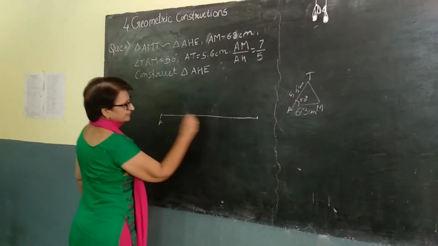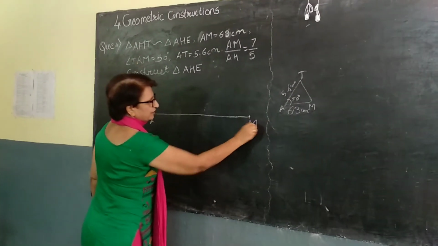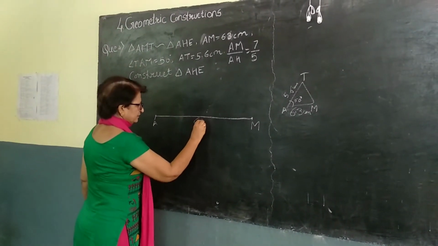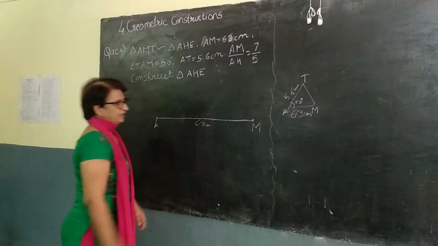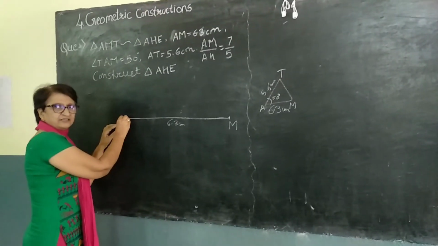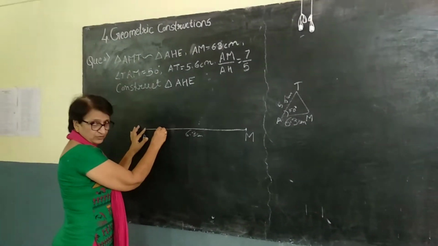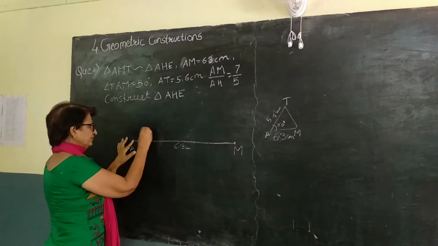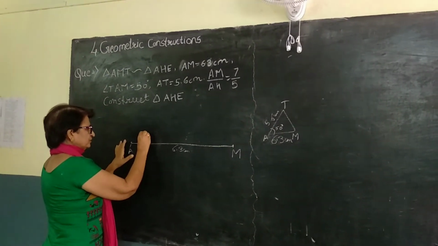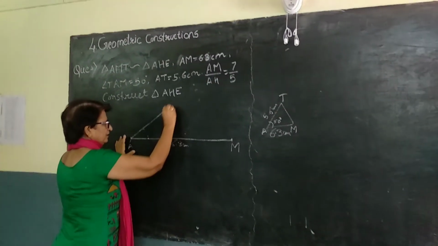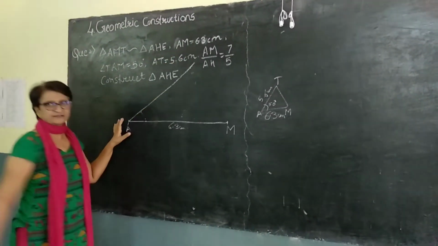I think everybody knows how to take a line of 6.3 centimeter. Then I have to take a 50 degree angle. So I put the protractor here with the 0 marking out here and then take 50 degree. 10, 20, 30, 40, 50. Around this much it will be. So then I join point A and the 50 degree mark like this.